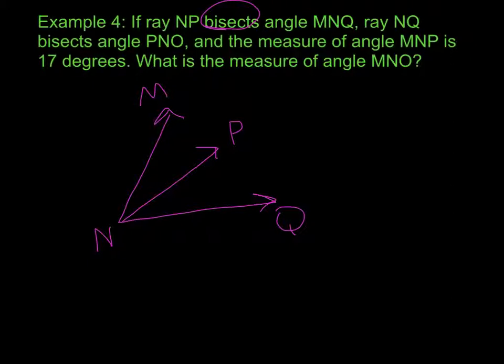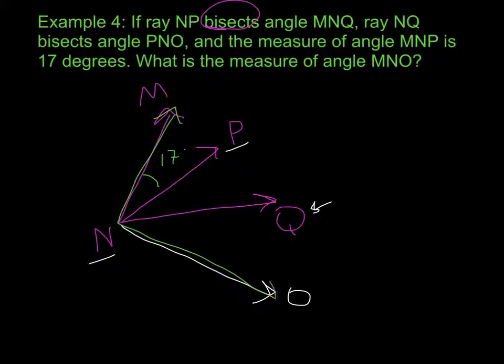So we've got PN and we need an O. And remember that Q bisects those two, so that's halfway. And the measure of angle MNP is 17 degrees. What is the measure of MNO? What is the measure of this big one here?